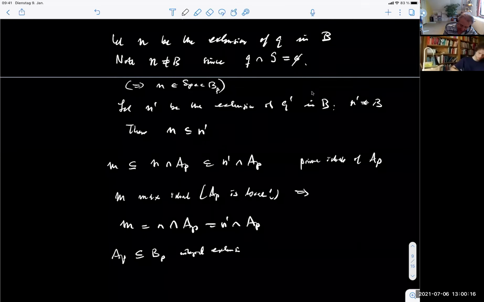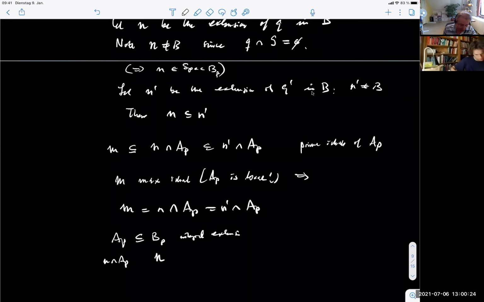I have here an N and I contract it. What I want to say now is that I conclude with Corollary 5.8 that N is maximal.